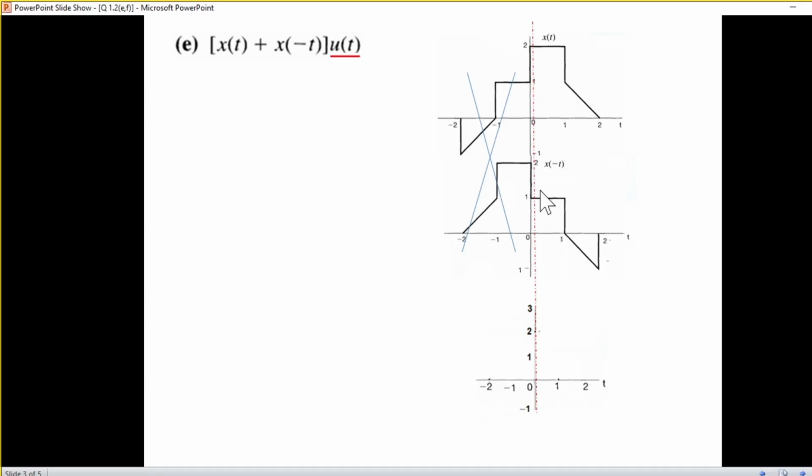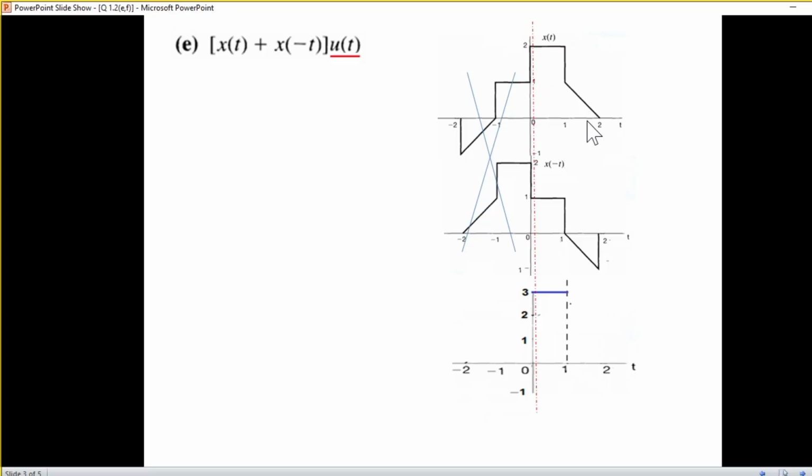At this point, if we add the 2 and this 1, that will be 3. So we draw a line at 3, and this will change at 1 or after 1. Up to 1, this will be 3.